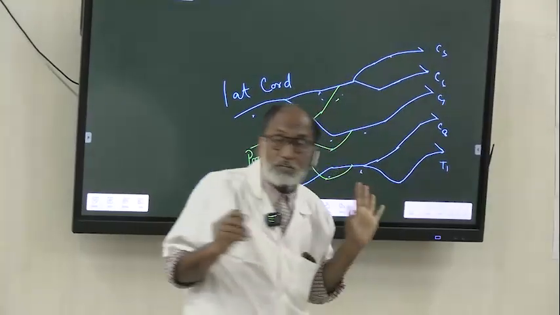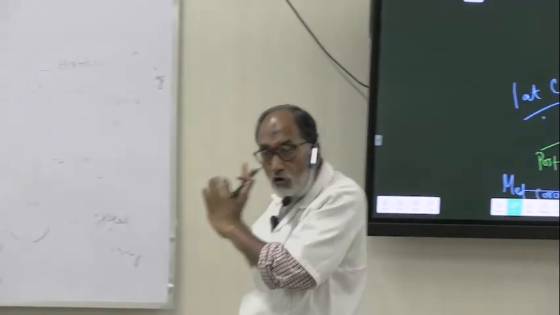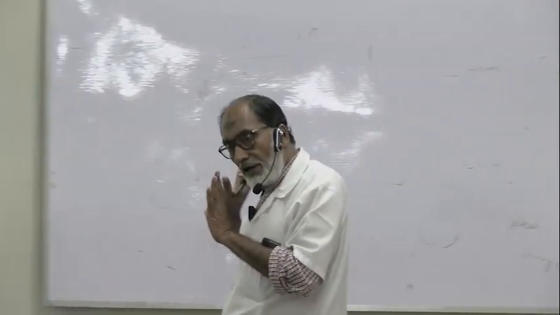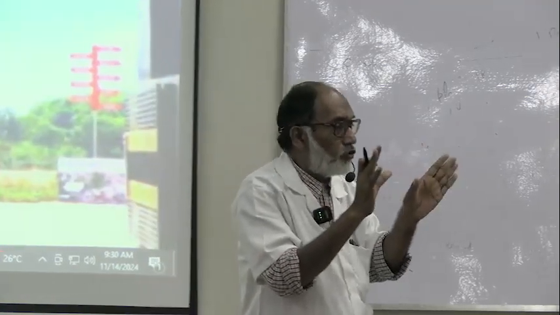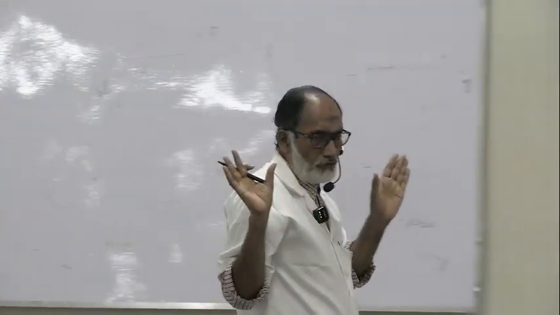Now you have to memorize the branches of all these cords, right? Now let us see what are the branches of the lateral cord. What branches does it give off?